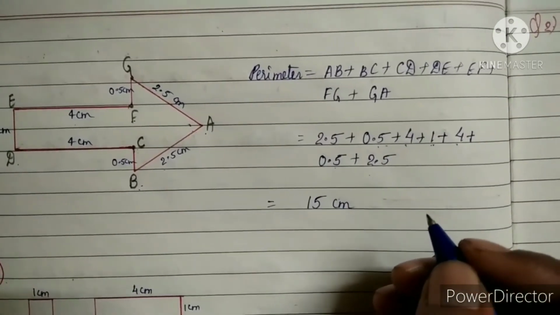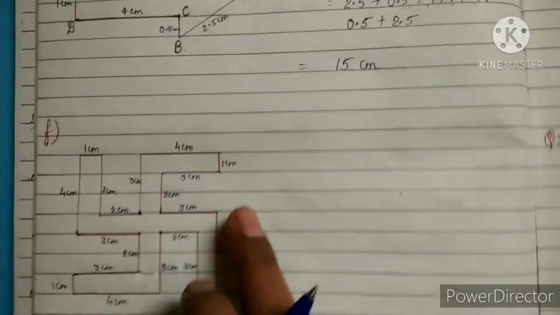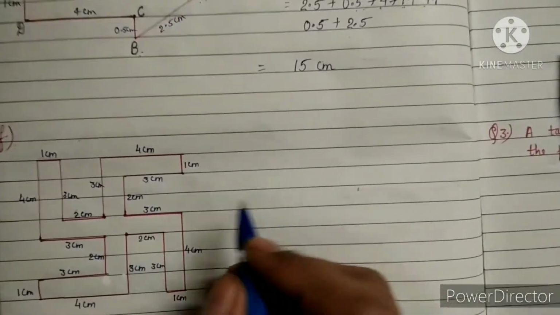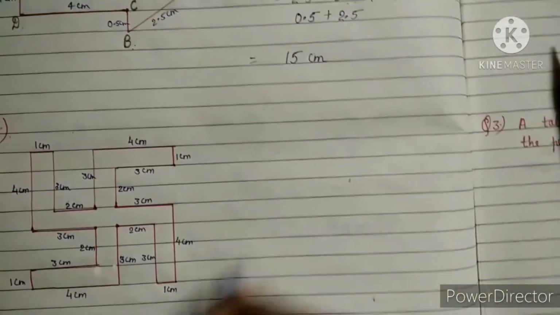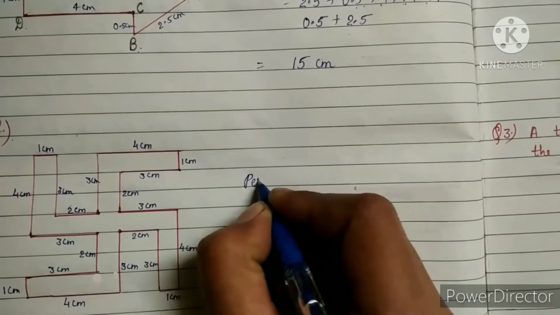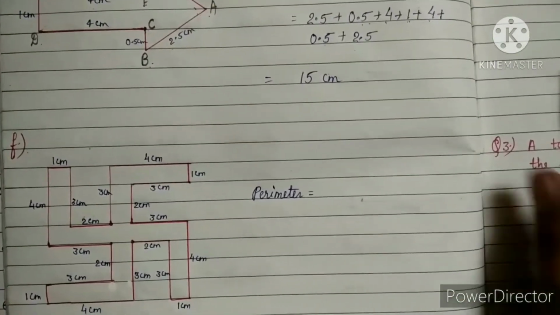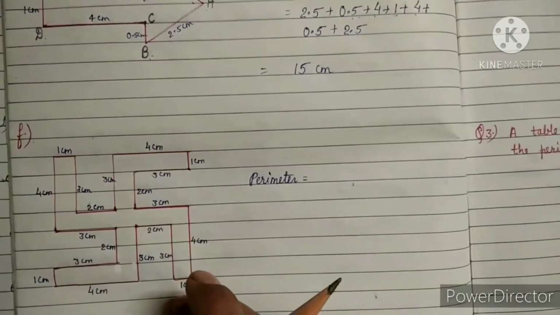Okay. Now the last of question number 1 is F. Here we have the swastik figure shape in the question. So for the perimeter, firstly you have to put the corner names. Very slowly you will put them because this figure is very confusing.